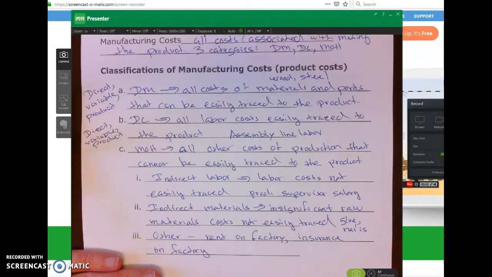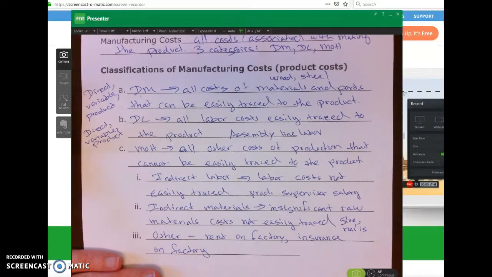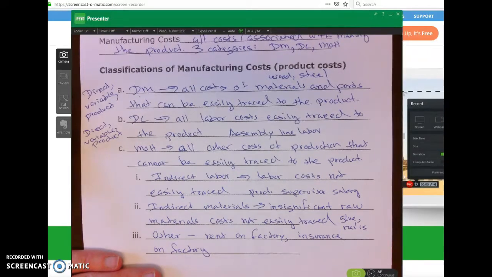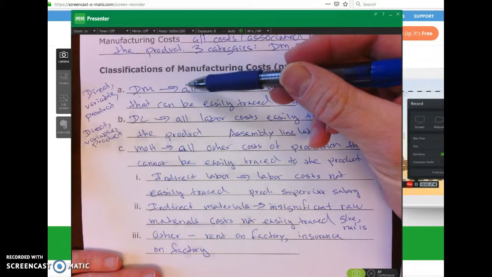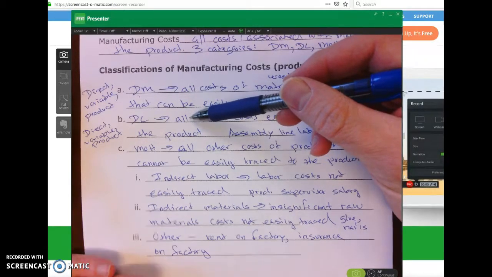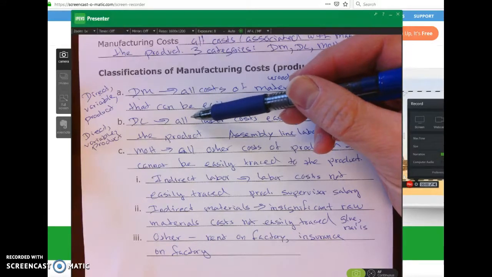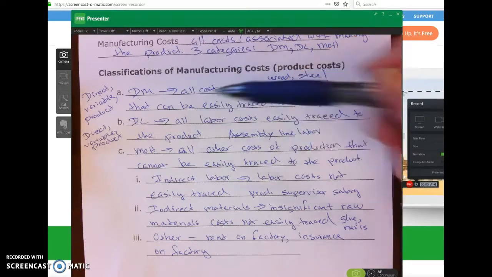So if we're thinking about applying this to making a table, like this desk that I'm using to write these notes on, direct materials would be the wood to make the desk. The direct labor would be the assembly line labor that we have to pay to assemble the desk.